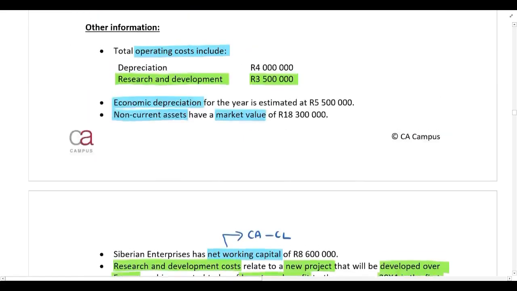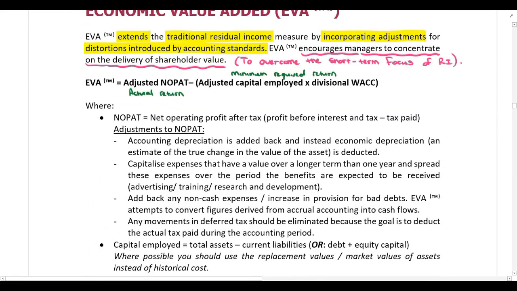So please go back to the formula on the previous page. We calculate EVA by starting with our adjusted NOPAT. And just below you can see NOPAT is your net operating profit after tax. So please note we are dealing with our operating profit. So that means this is before interest, because interest is not an operating cost, it is a finance cost.